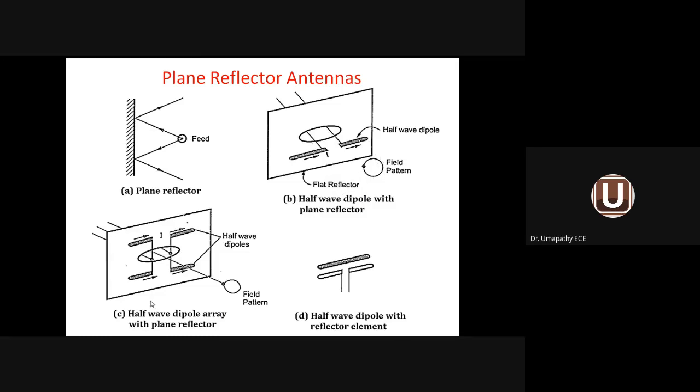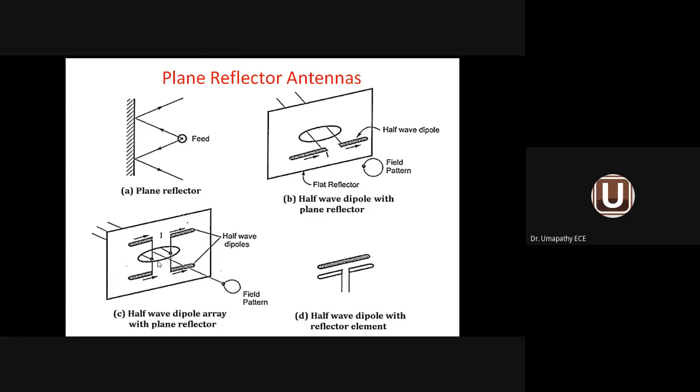See figure number C. In this diagram, this is one dipole and this one is another dipole. So we call it a half-wave dipole array. Array means, you know it very well, two or more symmetrical elements connected to each other. So we are using the half-wave dipole at the top, half-wave dipole at the bottom.